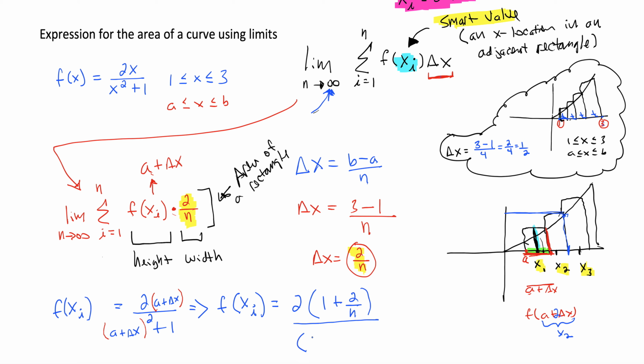So it's 1 plus 2 over n squared. So same thing as that, because they're both a plus delta x, right? Plus 1. Cool. So then I'm going to go ahead and just highlight this, because that is the same as that, which is the same as that, which is the same as that.